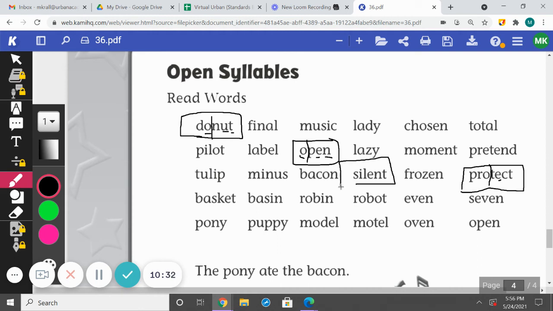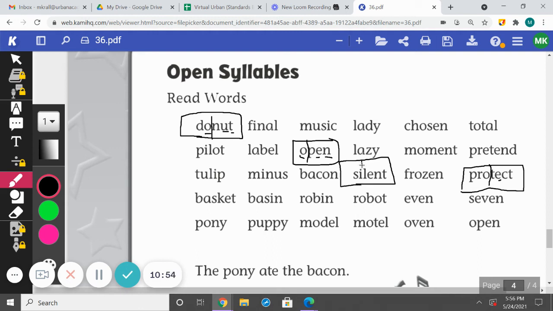So we have silent. How many syllables is silent? Go ahead, let me hear it. Yeah, 2. Silent. Go ahead and take your finger and put a line. Where is that syllable broken up into?